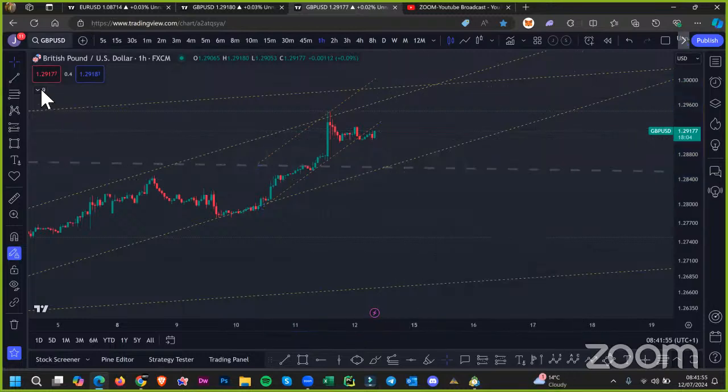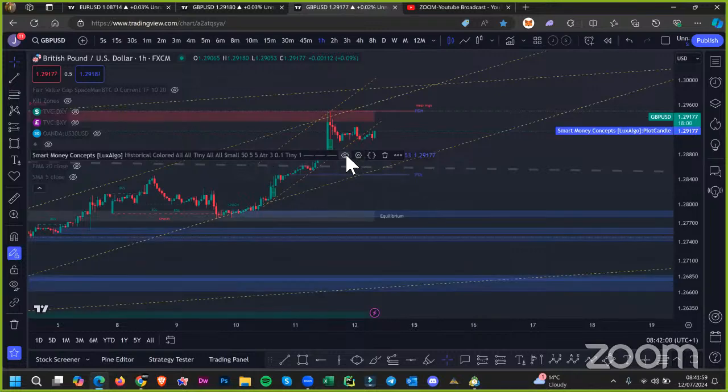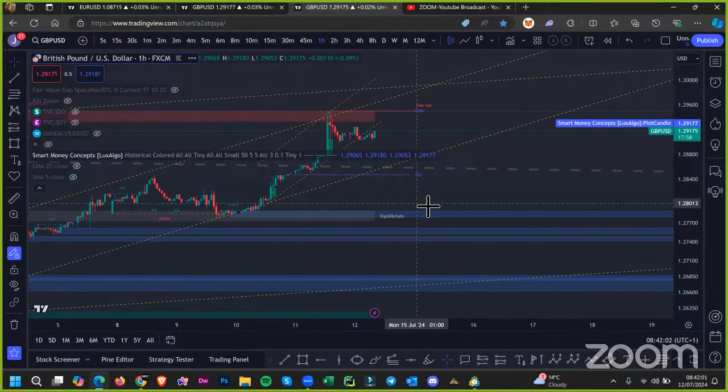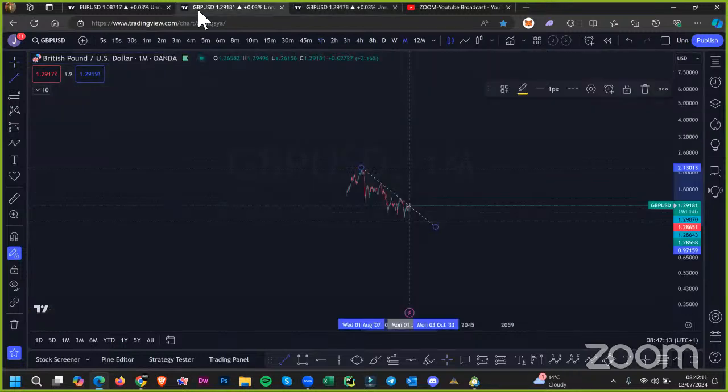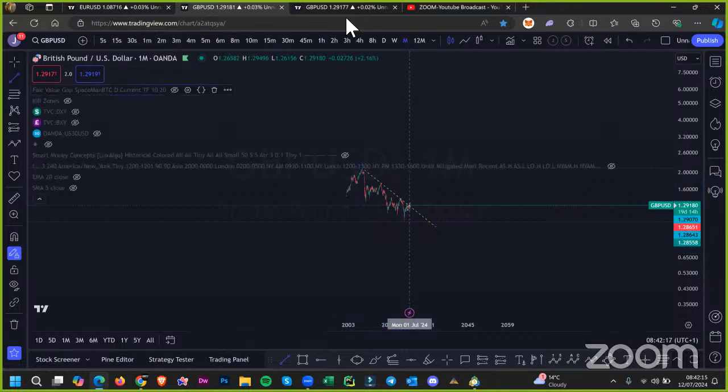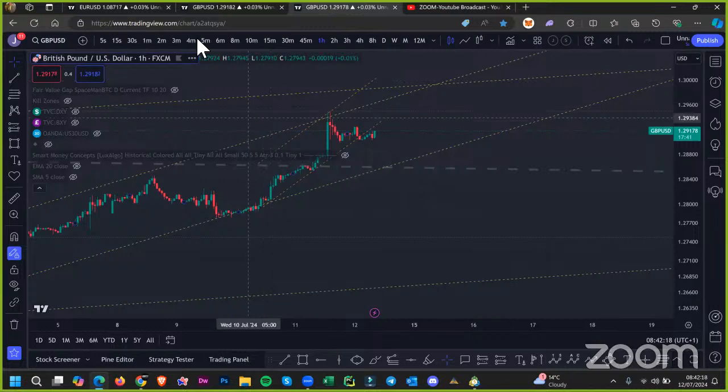Now let's have a look at something else we want to put in here, because we want to understand these time-based things. I'm annoyed because I don't have the indicator here, but let me see. I do have it here. Let's go and grab it and put it in.